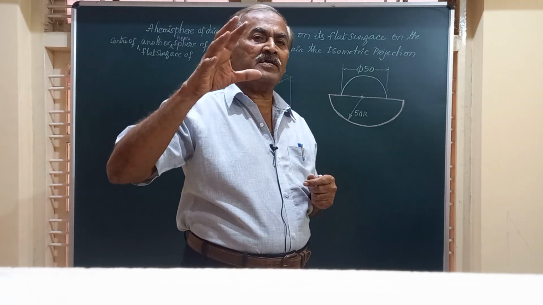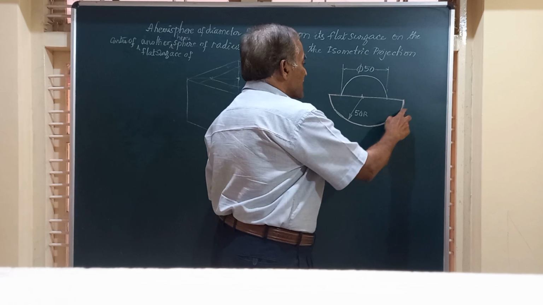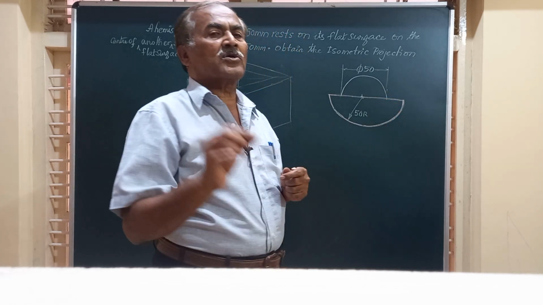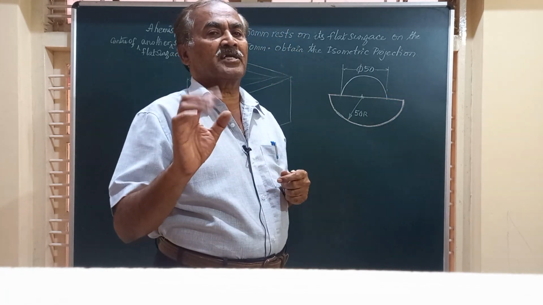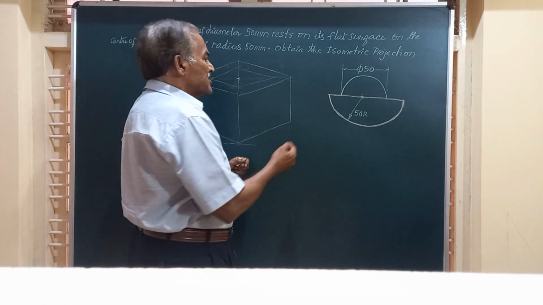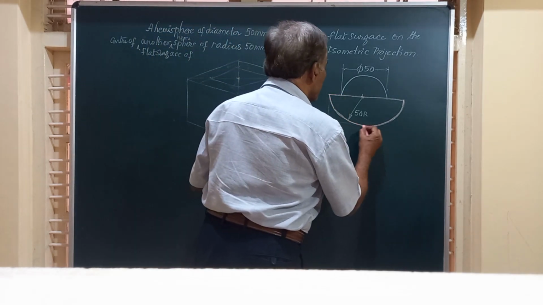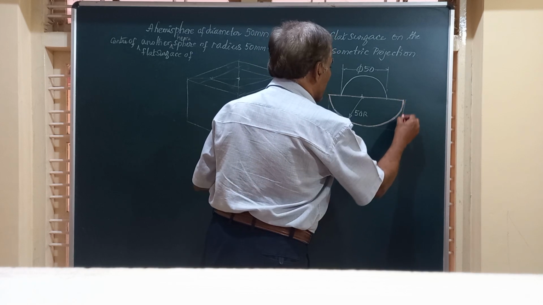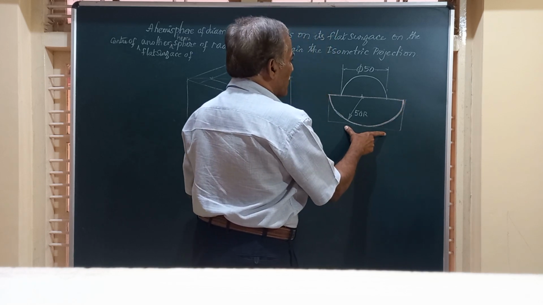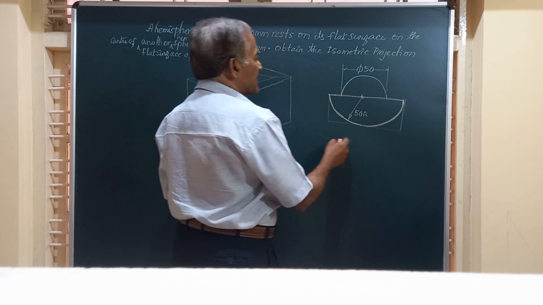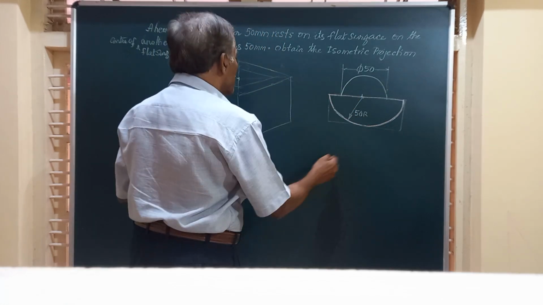While drawing the circle for both of these, we are going to make use of the actual scale, not isometric. Here I am enclosing the bigger hemisphere in a box, and this box will obviously have 50 radius, meaning the height you should take is 50.